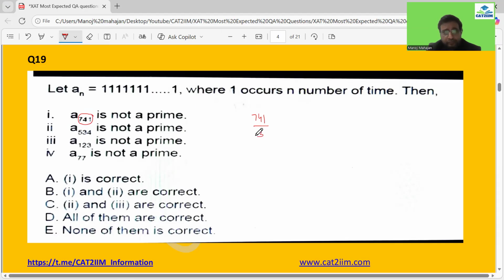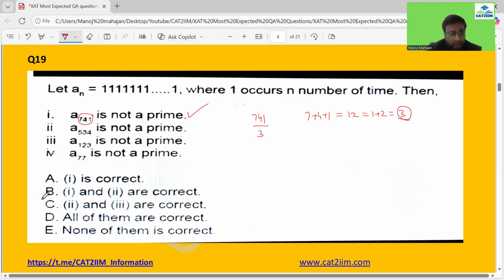You can further add the digits: this becomes 12, and again this becomes 3. So the number would be divisible by 3 for sure. So this definitely is not prime, that you can figure out. So 1 is definitely correct.